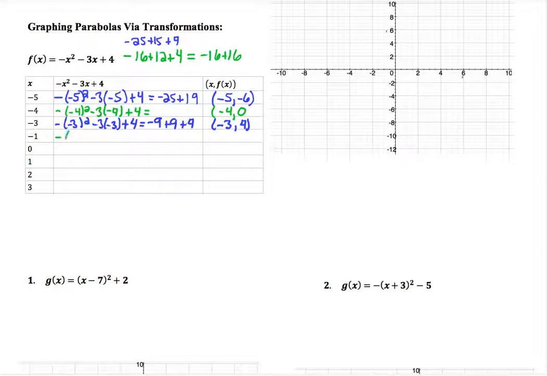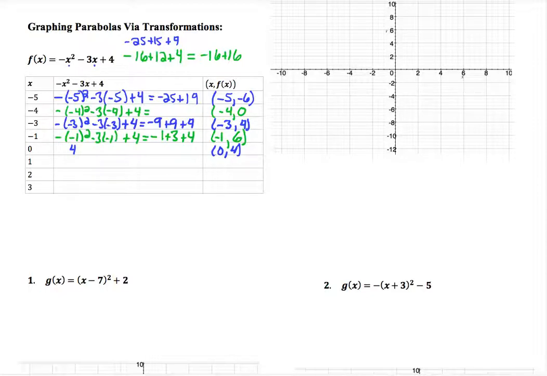So when I put -1 in, it's going to be -1 plus 3 plus 4. That's 7 minus 1, which is 6 when I put -1 in. And I'll put 0 in. So let's see, that's going to be 4. You know what? I'm not even going to show my work there. That's easy. 0 and 4 when I stick it here and here.